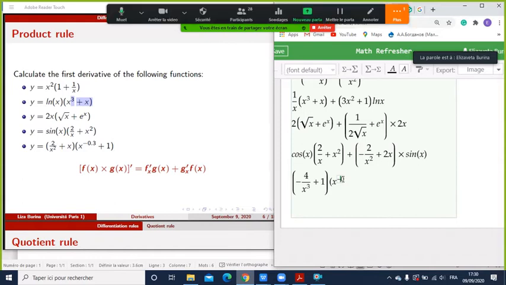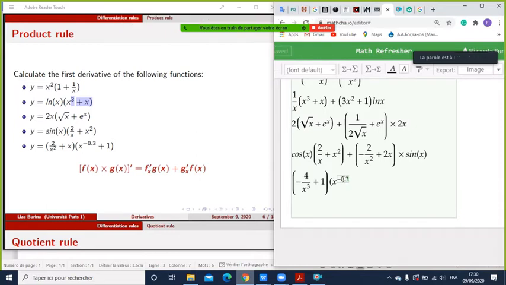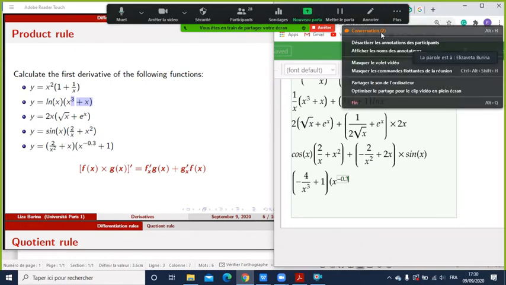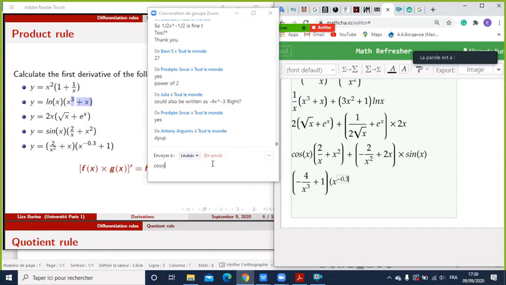Okay, wait a second. This should be okay. Yes, it could also be written as minus 4x to the power of minus 3.